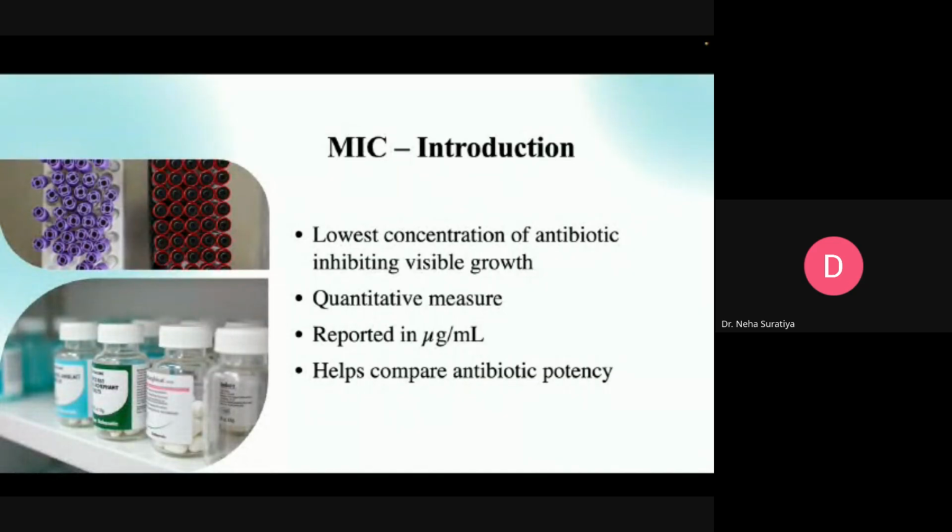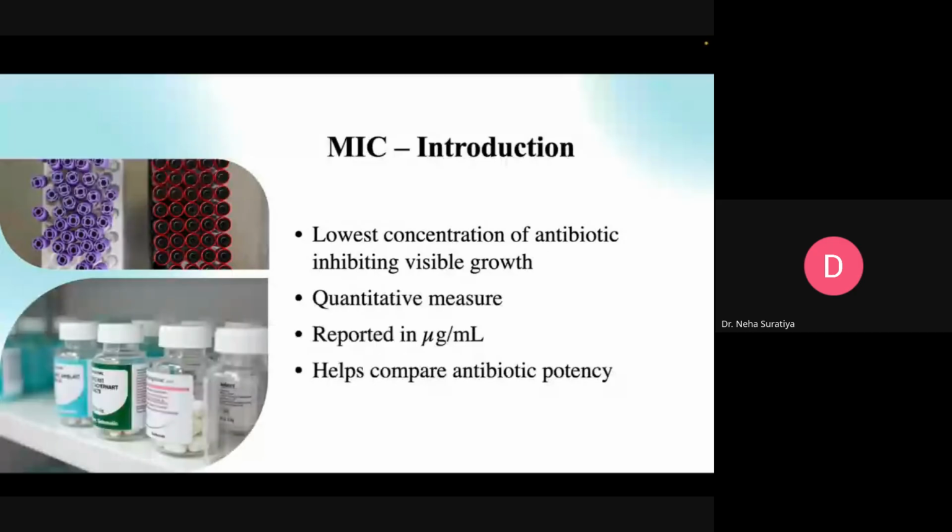In vitro, we can say, is a very important word in the definition of MIC. The unit is microgram per milliliter. It is a quantitative measure, of course, it will give you the quantity.